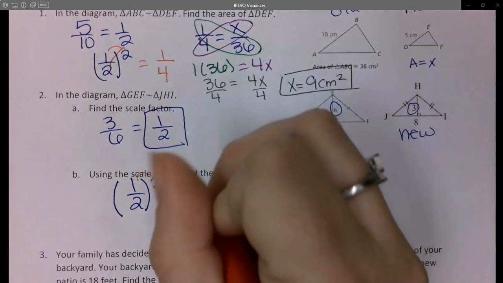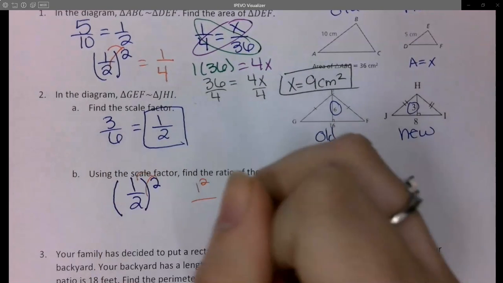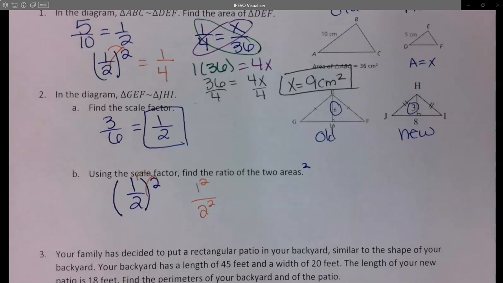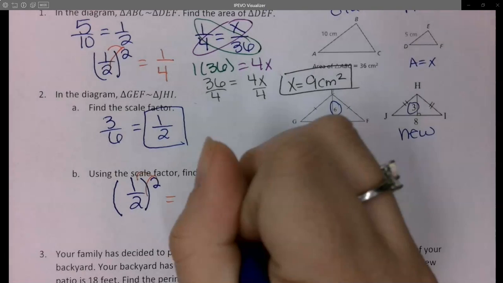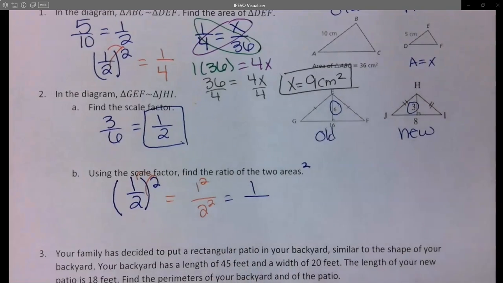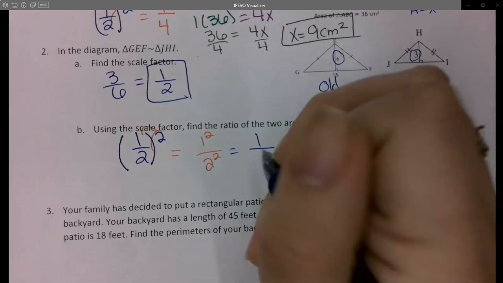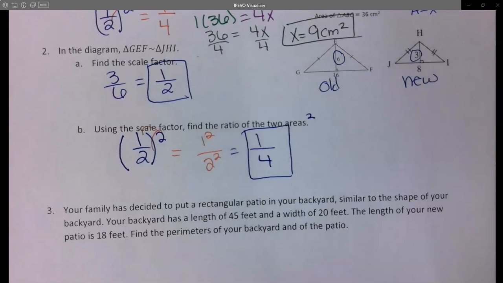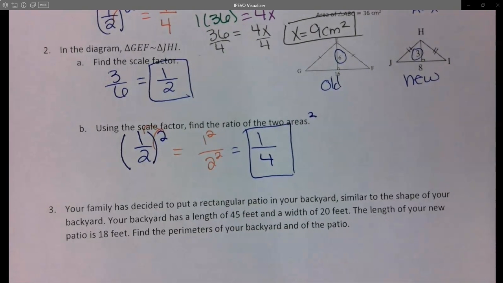So I'm going to have 1 squared over 2 squared. Then 1 squared is 1, and 2 squared is 4. So my ratio of the 2 areas is 1 to 4.